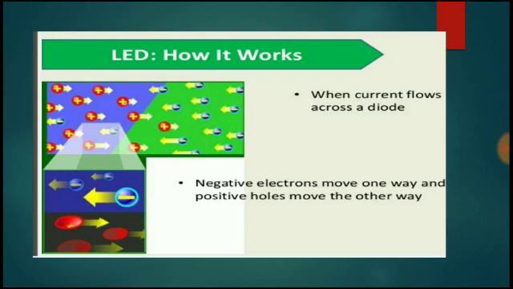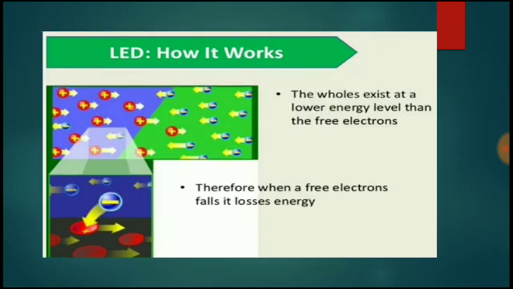Now the holes exist at a lower energy level than the free electrons. Therefore, when a free electron falls, it loses energy. See, this free electron falls and loses energy, right?